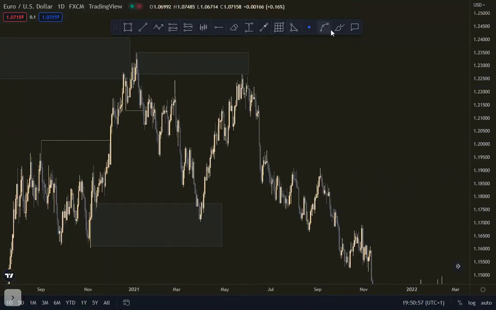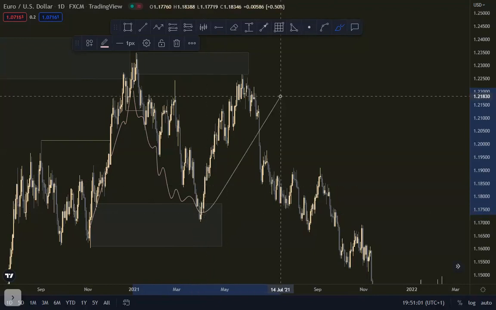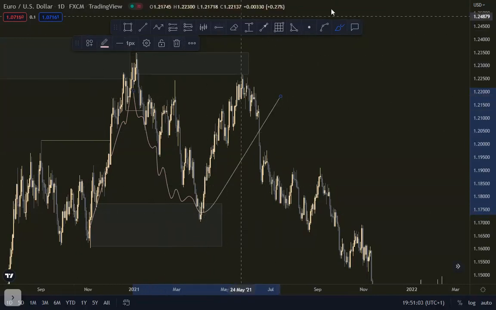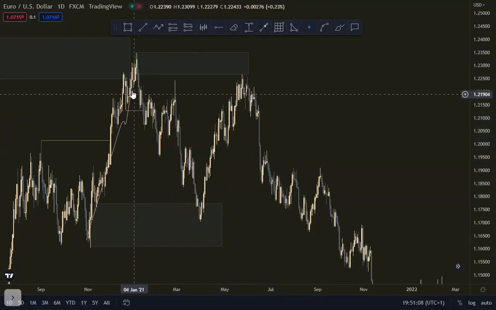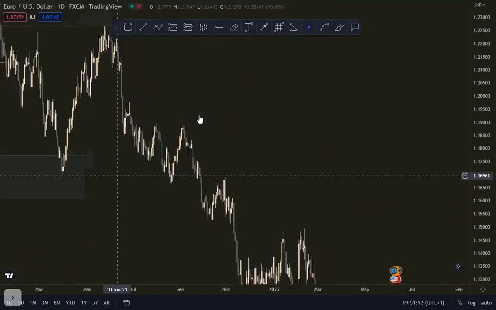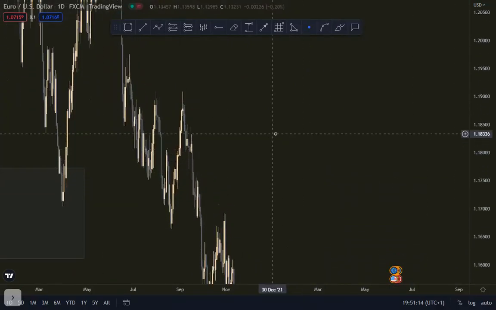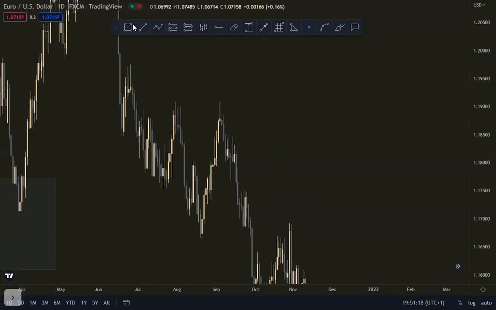Price came back down, tapped and exploded away. Right? So where else do we have these order blocks? Take a look at this place here.